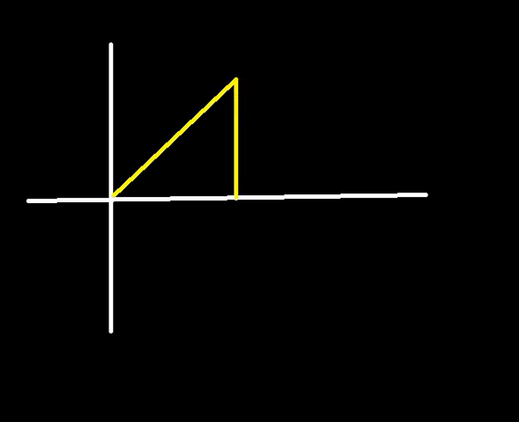Let's say this is 90 degrees, and let's say this is A, this is B, in that way. Then of course, let's say this is angle theta. Let's say this is side B, that is the hypotenuse, of course.